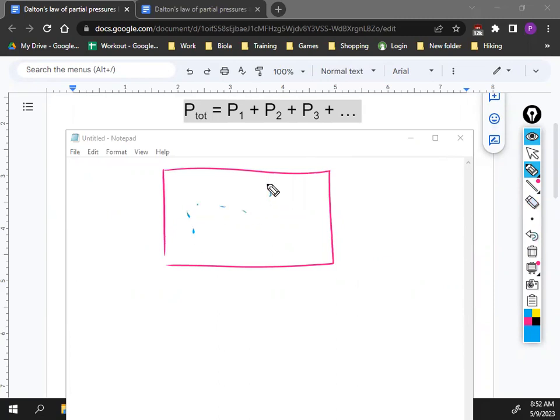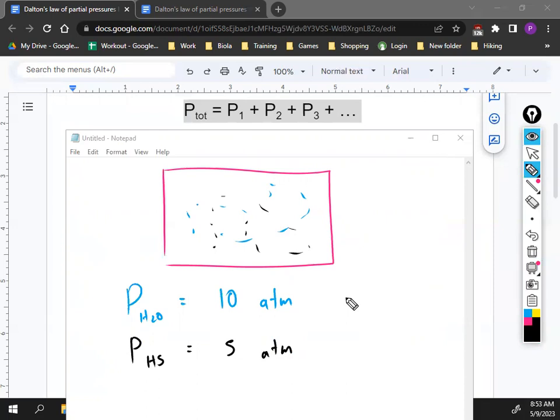The pressure of the water vapor is 10 atm. Another gas we have in there is hydrogen sulfide, and the pressure of the sulfide is 5 atm. What's the total pressure in there? Yeah, 15. That's how you use this gas law. Easy peasy, lemon squeezy.